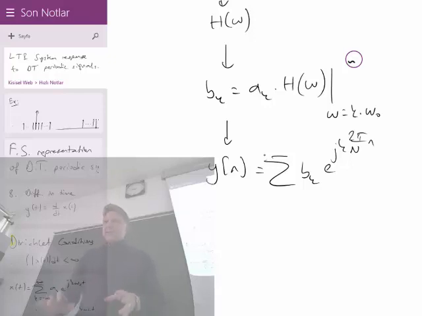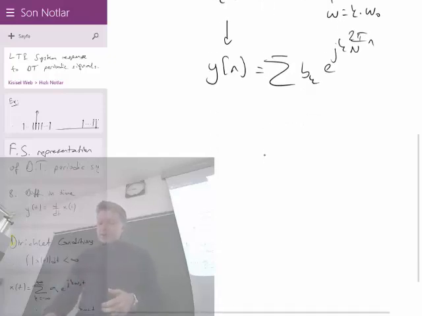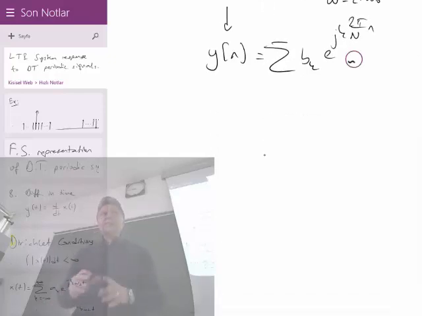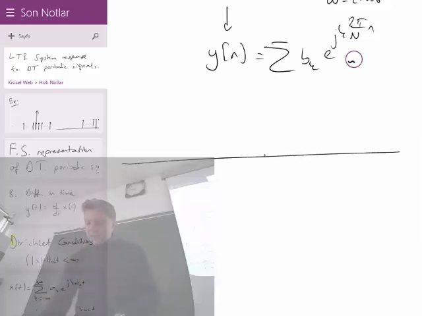But there is not a fundamental difference between doing it in continuous time or doing it in discrete time. The difference is in the behavior of h of omega for the discrete time. Because notice that since the Fourier series coefficients ak are repeating themselves, the situation is as follows.